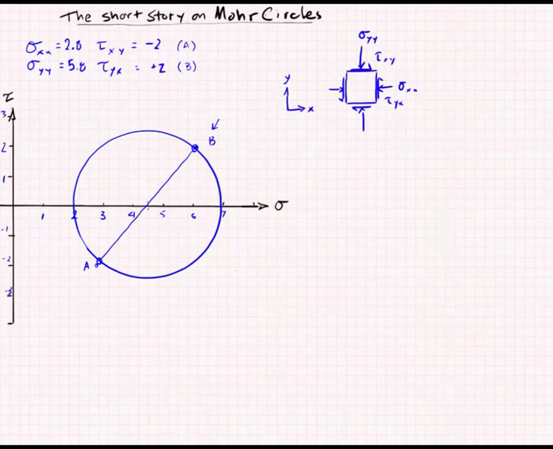So I'm going to draw that plane in over here on our XY diagram, and that is the surface or the orientation that B applies to. So let's find out where the principal stresses are. First of all, that is the orientation at which those shear stresses disappear.